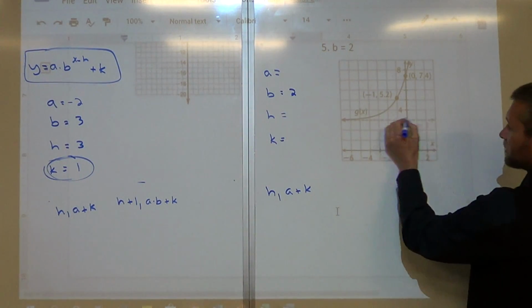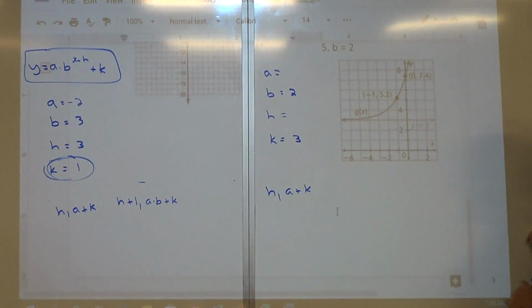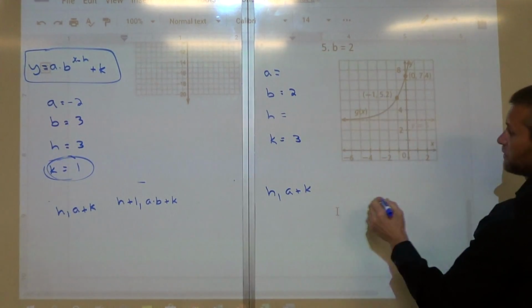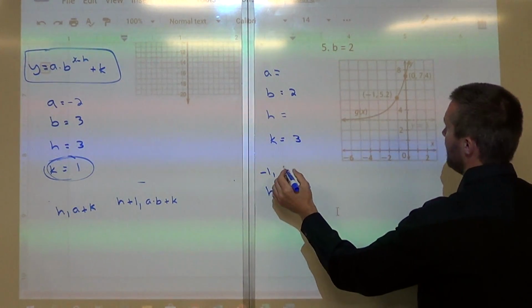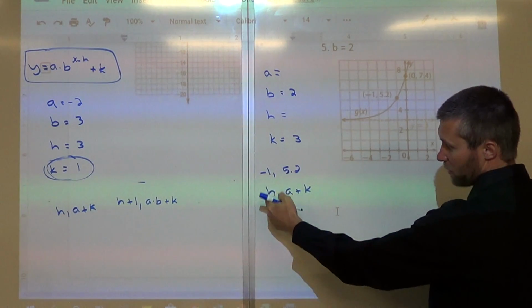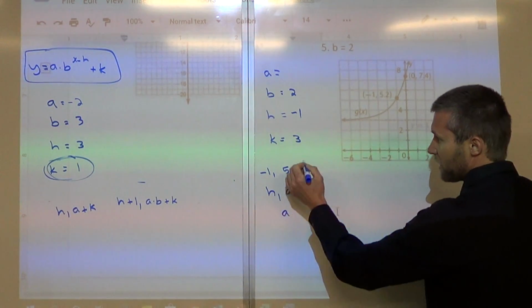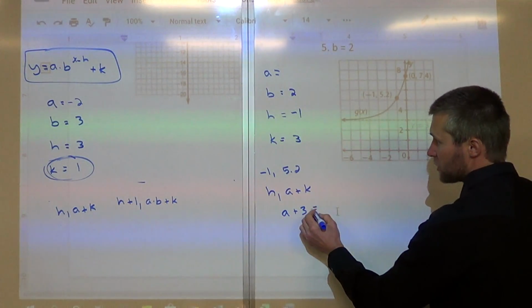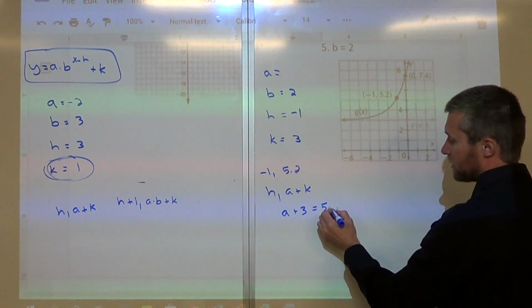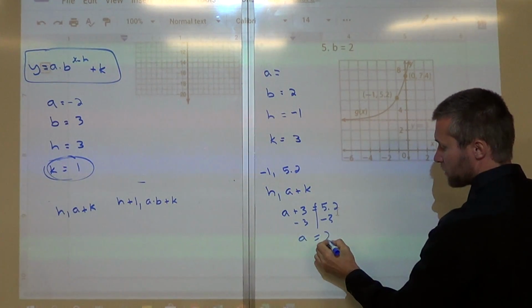Here I have an asymptote at 3, that's my K value. Then the point closest to it is -1 and 5.2. So that's my H value, that first point, -1. Then A plus my K value of 3 should equal 5.2. So I subtract 3, and A is equal to 2.2.